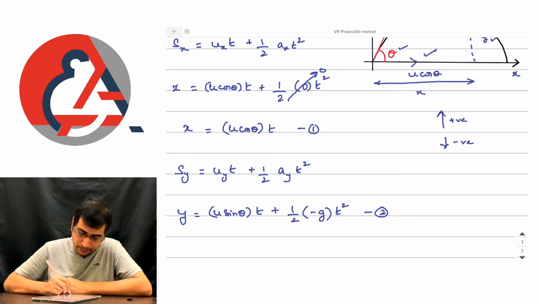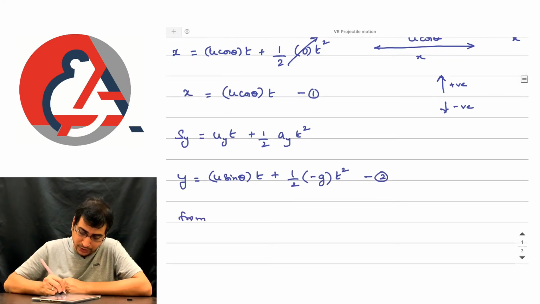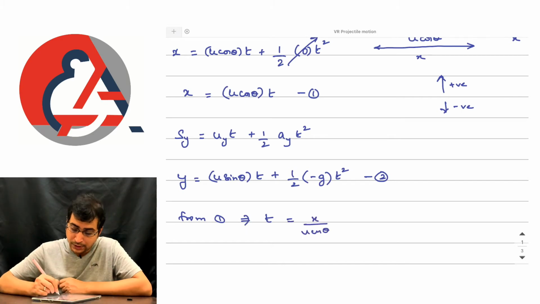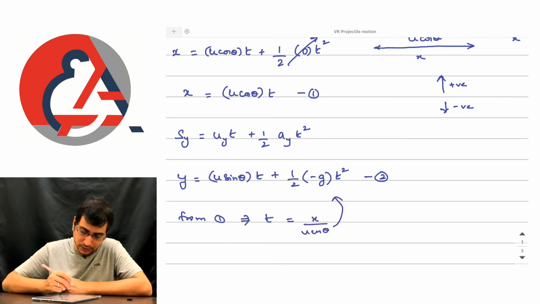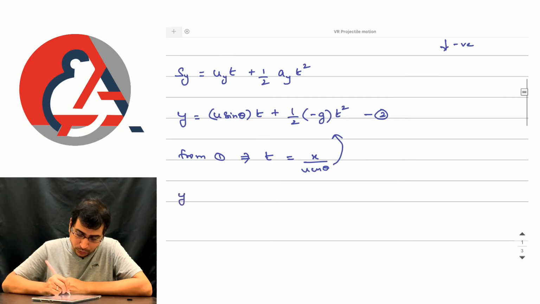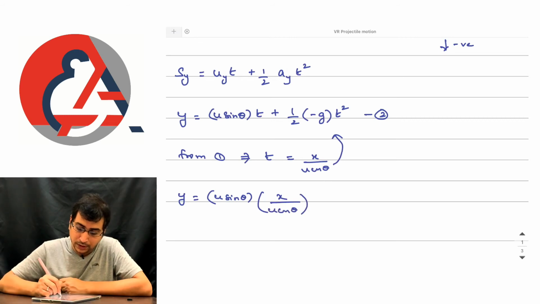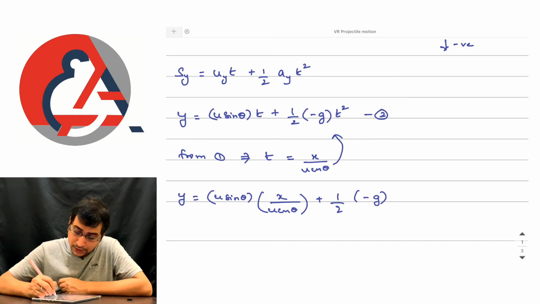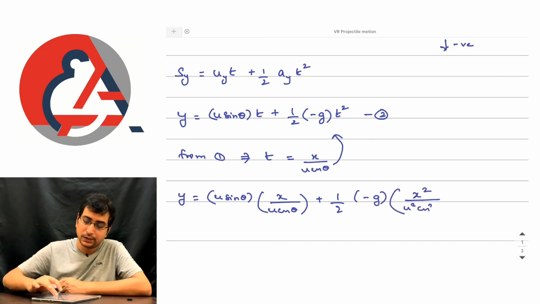So from 1, we can say that t = x divided by u cos theta. Take this value and substitute it here. Then we get y = u sin theta into t, which is x divided by u cos theta, plus half into minus g into t square, that is x square divided by u square cos square theta.